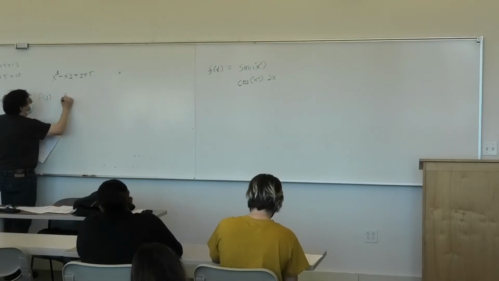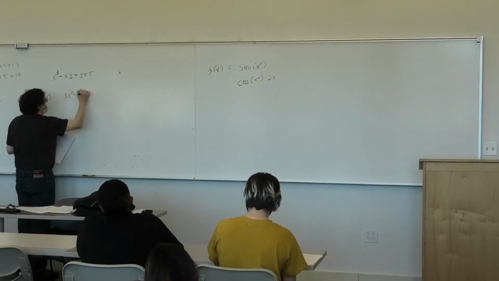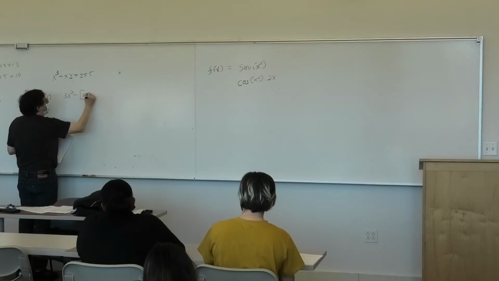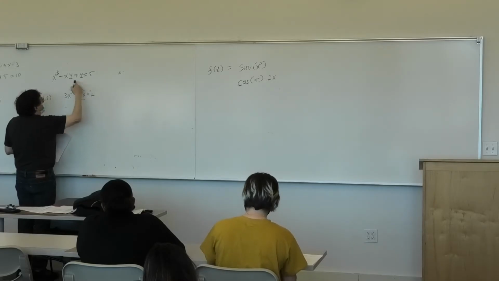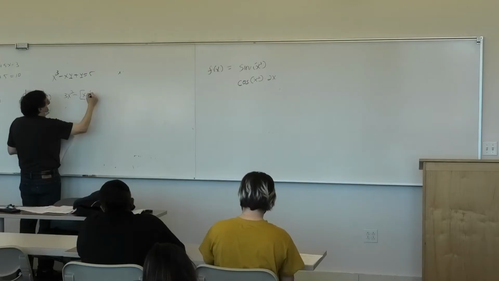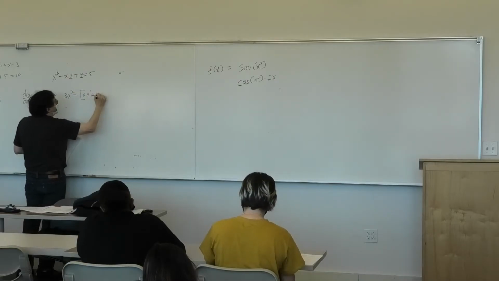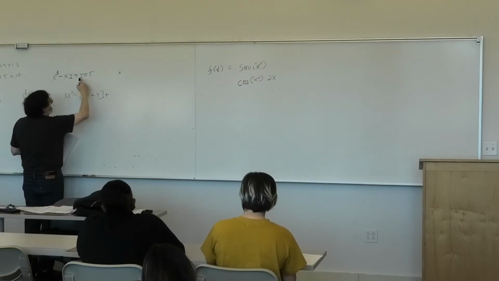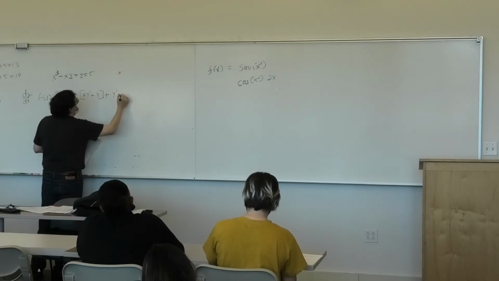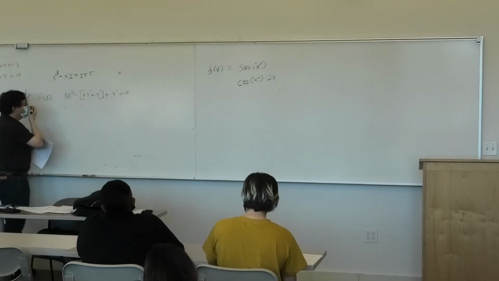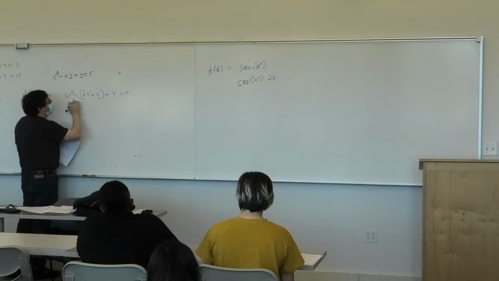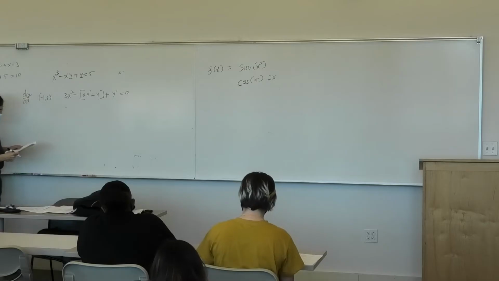We find the derivative: 3x squared minus, here we have a product rule, x times the derivative of y plus y times the derivative of x, plus the derivative of y equals 0. Plug in -1, 3 for x and y and solve for y prime, and you get 0.